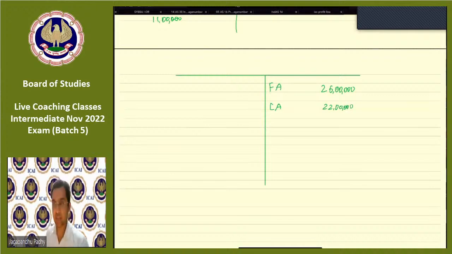Now this current asset of 22 lakhs will have raw material stock, finished goods stock, debtors, and some cash and bank balance.